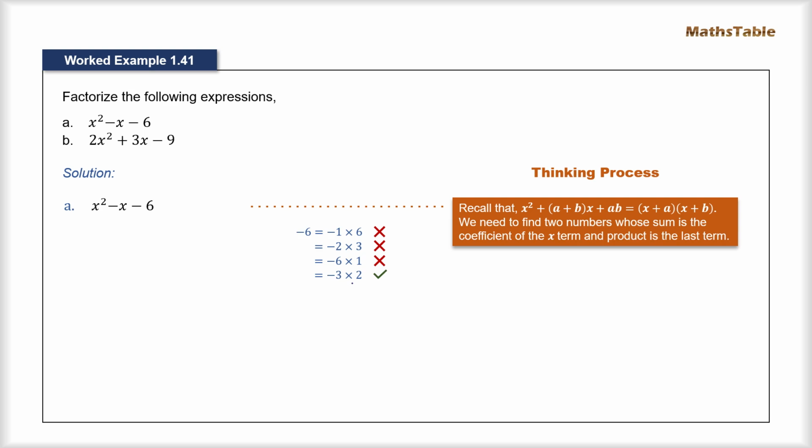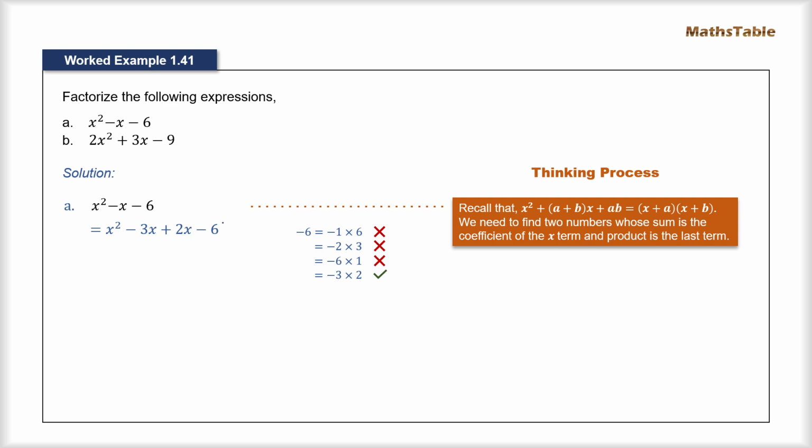We can see that minus 3 times 2 gives us minus 6 and minus 3 plus 2 gives us minus 1. So now we'll split or break this middle term into minus 3x plus 2x, based on these two numbers, minus 3 and plus 2.